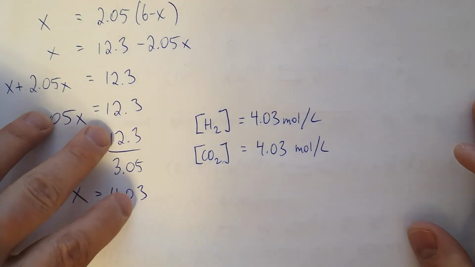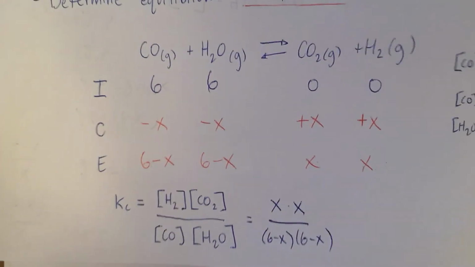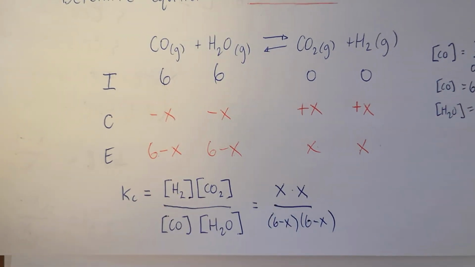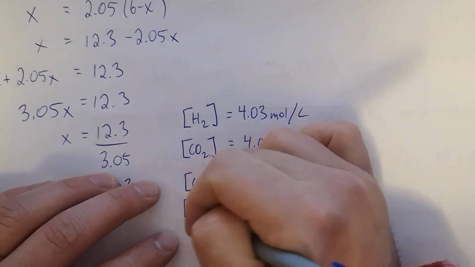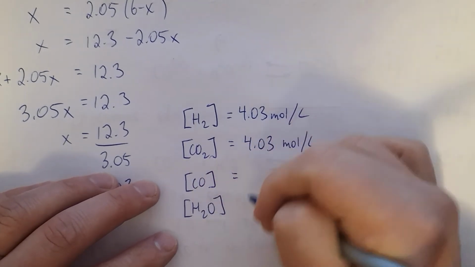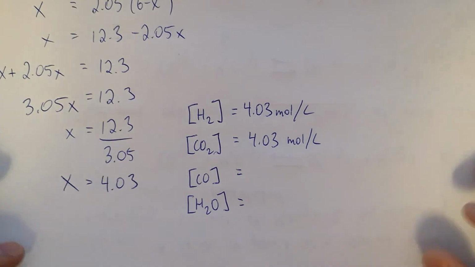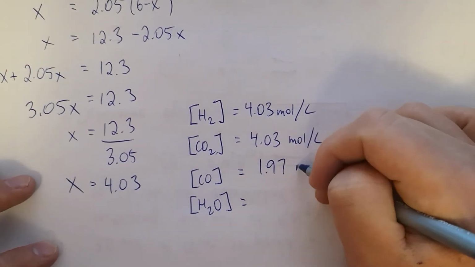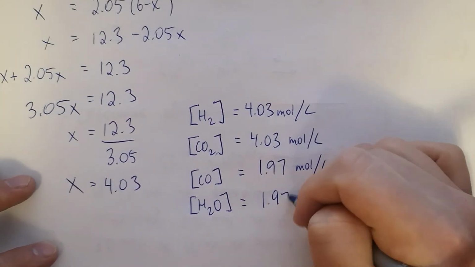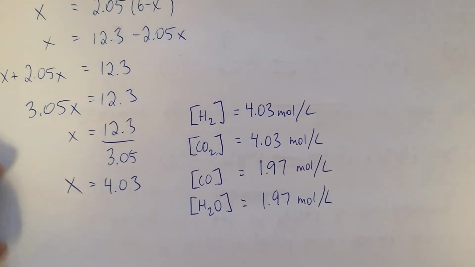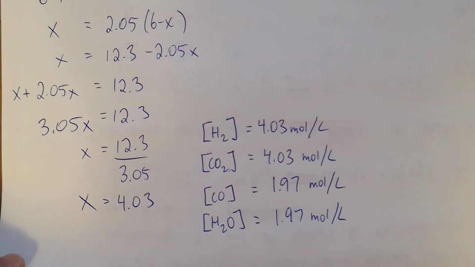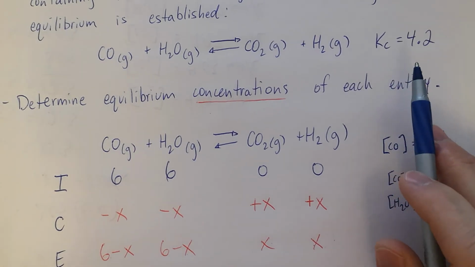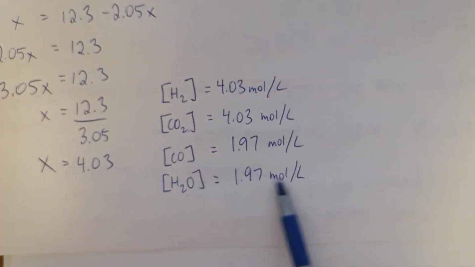The other guys, carbon monoxide and water, it's 6 minus that. Okay. I think you're going to get 1.97 moles per liter. This is a big skill that you're going to need for this unit, going from Kc to equilibrium concentrations.